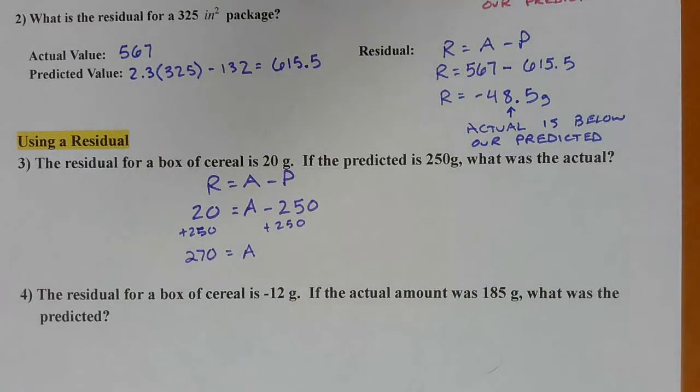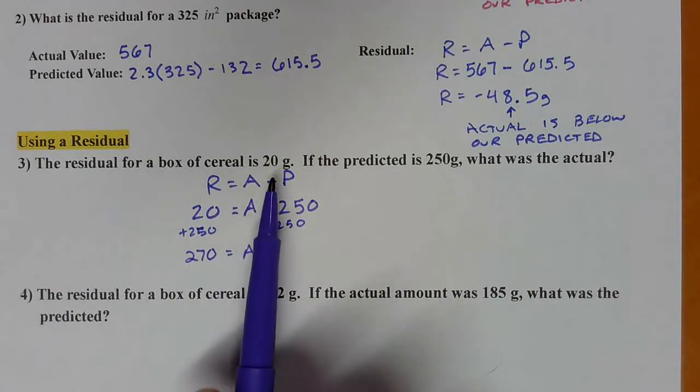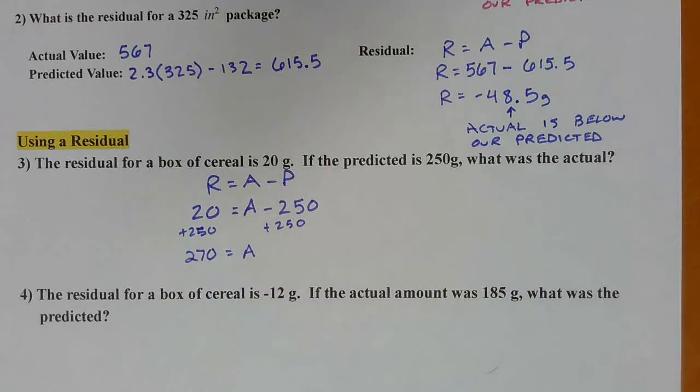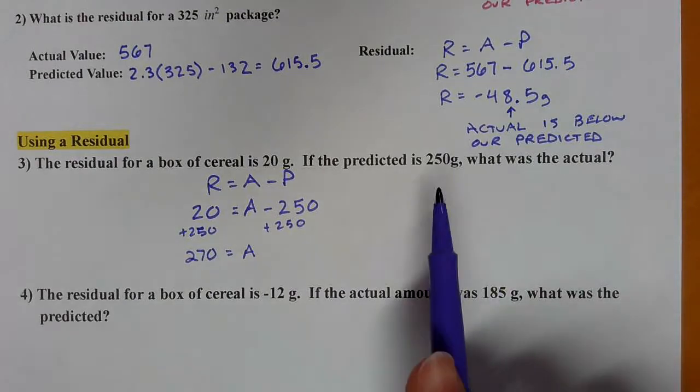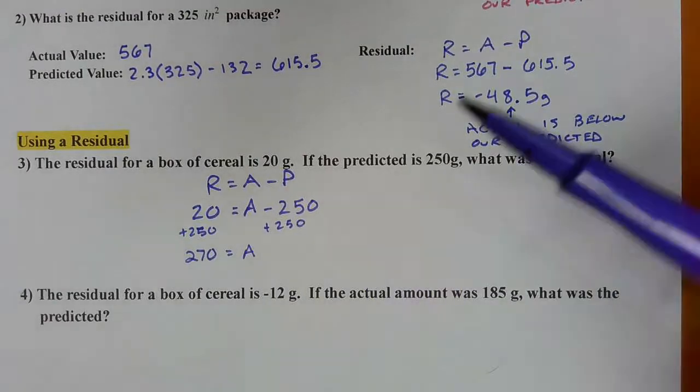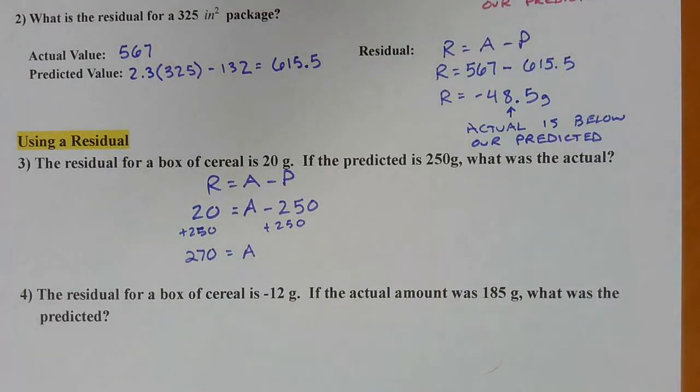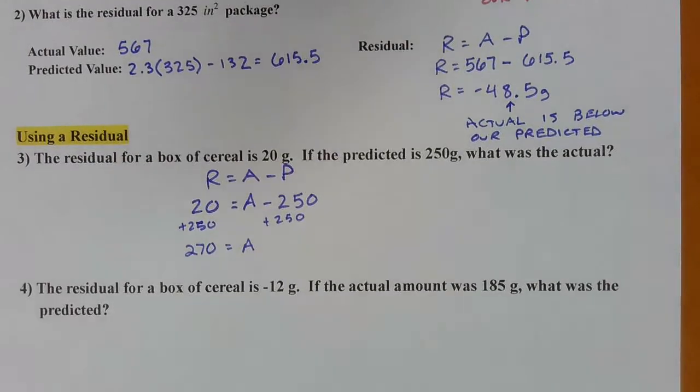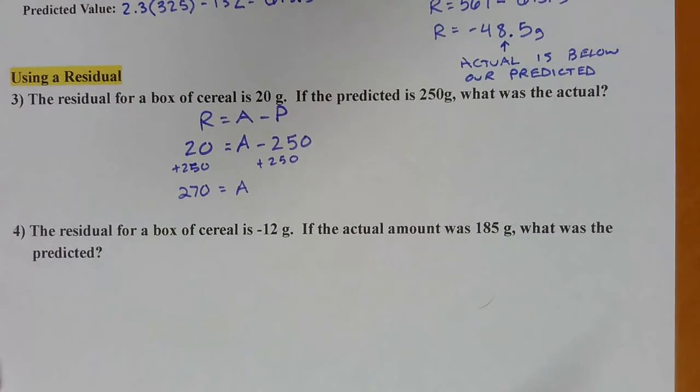When I said think about it logically, if the residual was 20 grams, that means the actual was above the predicted by 20 grams. So if the predicted was 250, the actual was 270. But again, going back to the equation is never going to fail us. Number 4, the residual for a box of cereal is negative 12 grams.